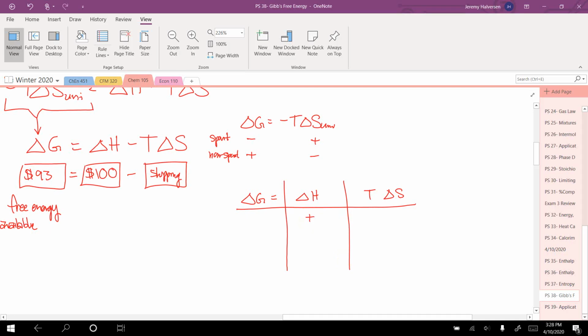Delta H is positive. And the entropy increases. How do I want to do this? Let's do this. Delta H, delta S. There we go. Sorry, I'm rearranging this so much. We're going to do this.